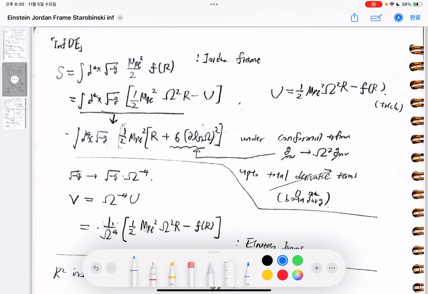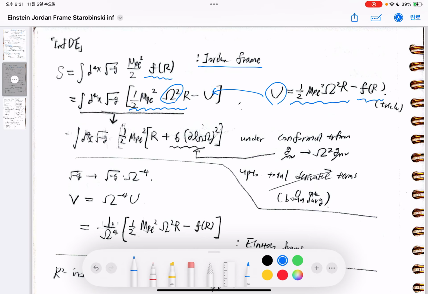In the Jordan frame, the action is given by f(R) gravity, and as a technique, we can rewrite the term as one-half M_Planck squared Ω² R, where Ω is a conformal scaling factor, and these terms cancel each other out inside of the U, and keep that part. So U is defined like that.